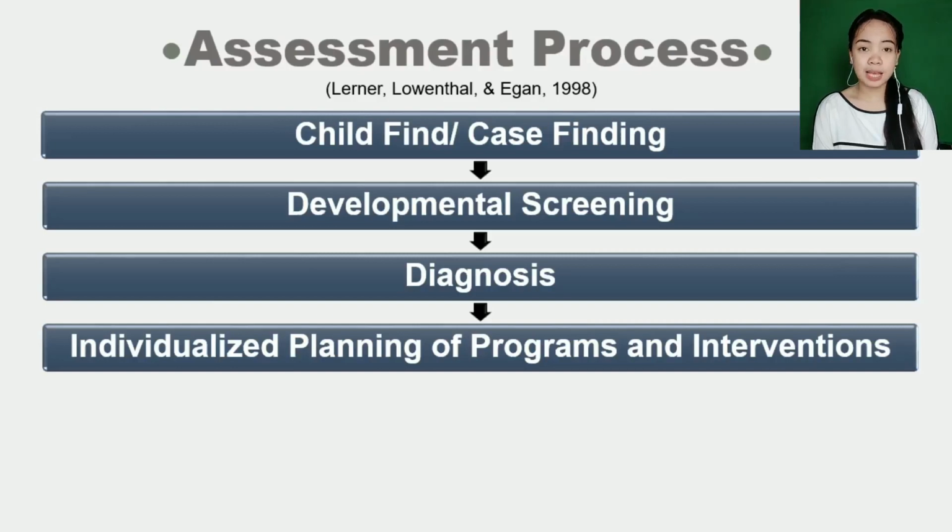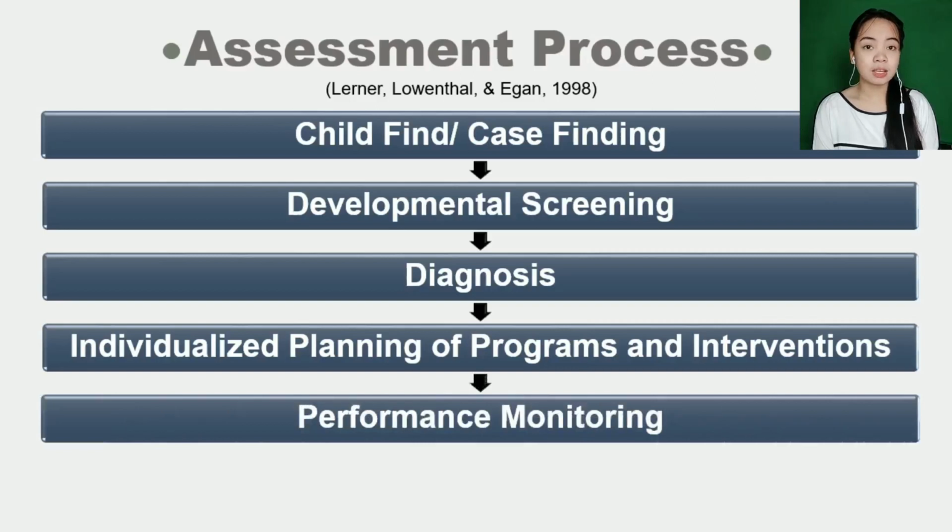After the child is placed in an intervention program, it is important that the child's progress is monitored frequently, which is the fifth stage. Multiple checks include observations, developmental checklists, and rating scales.